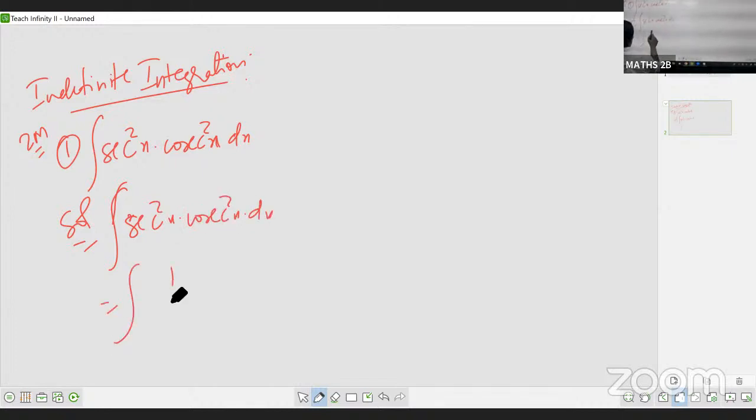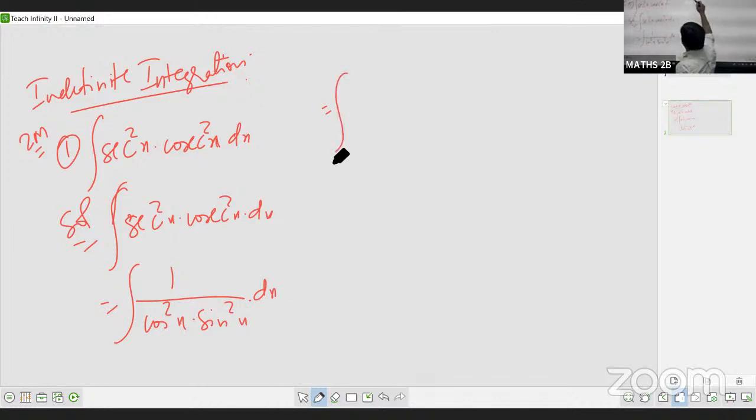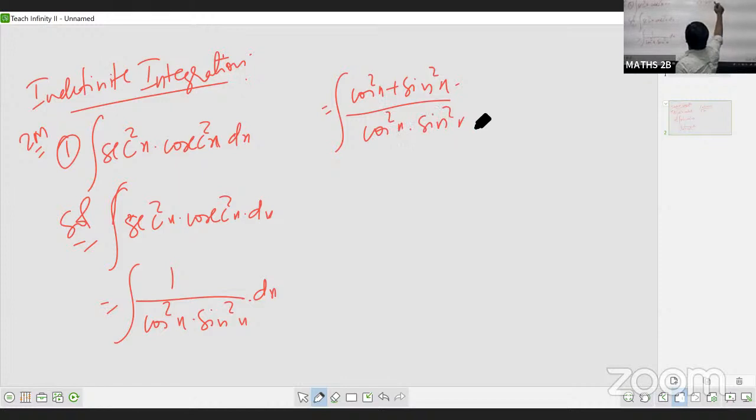This I am going to write as 1 by cos square x into sin square x, correct? Reciprocal of secant square is 1 by cos square, cosecant square is 1 by sin square. That is integration of 1, which means cos square x plus sin square x by cos square x into sin square x. Is it clear? 1 I can write as cos square x plus sin square x.